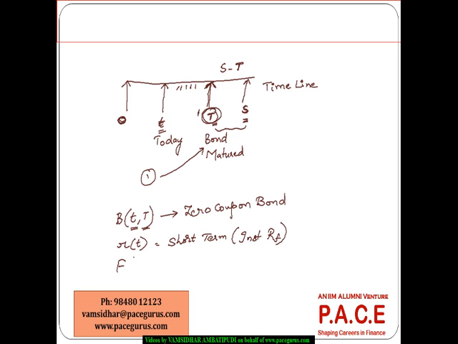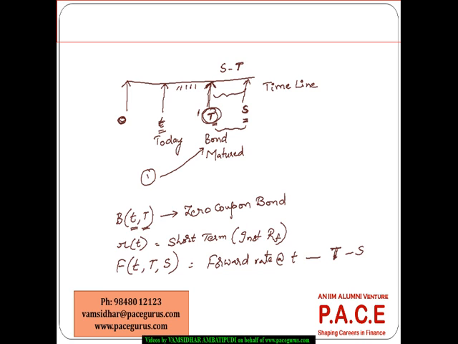Then I'm talking about the forward rate between T and S as of today, for a loan which is going to start at time period T and is going to be paid at time period S. This is typically called the forward rate, f(t,T,S).